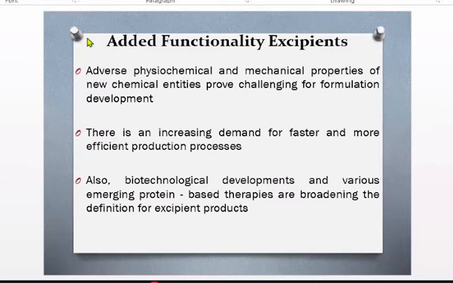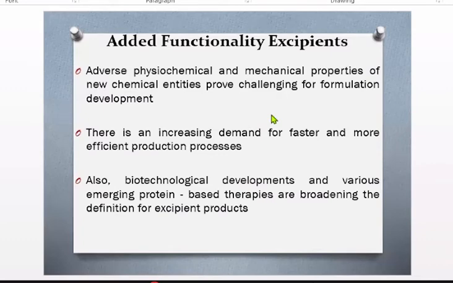Then we have what are referred to as the added functionality excipients. In our discussion, we might have painted a picture that each of those excipients performs a singular function.